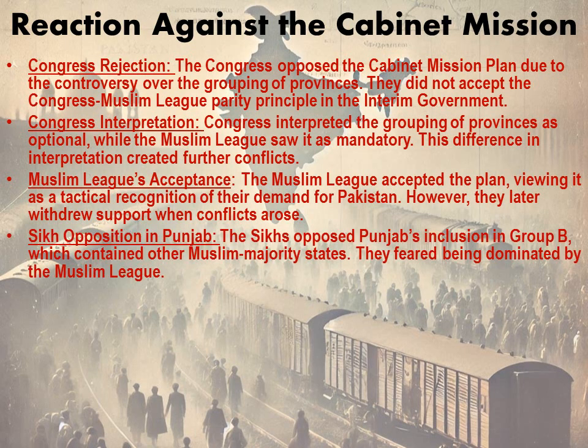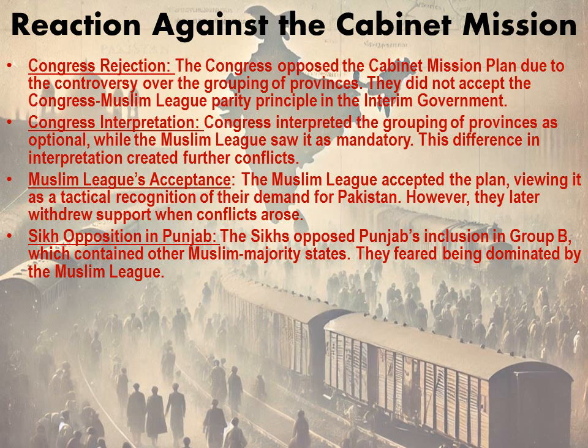Sikh opposition in Punjab. So the Sikhs opposed Punjab's inclusion in Group B, which contained other Muslim majority states. They feared being dominated by the Muslim League. So Punjab was placed under the Muslim majority provinces. However, Punjab had a large number of Sikh population. These Sikh people did not like to be dominated by the Muslims.